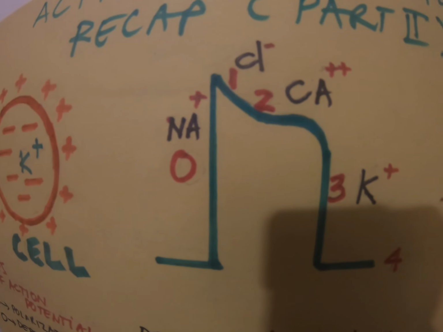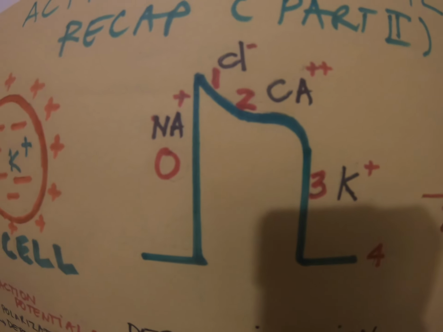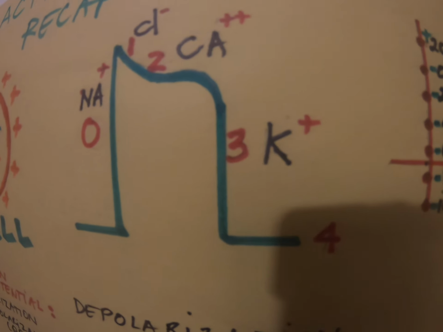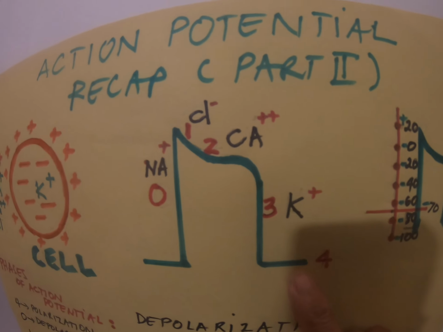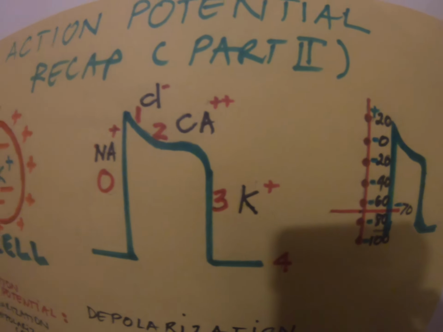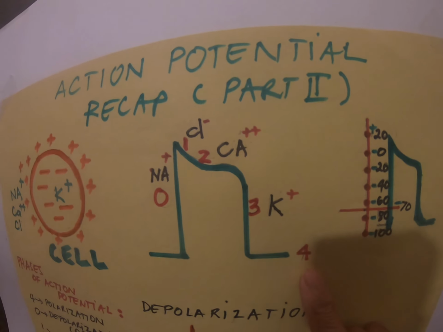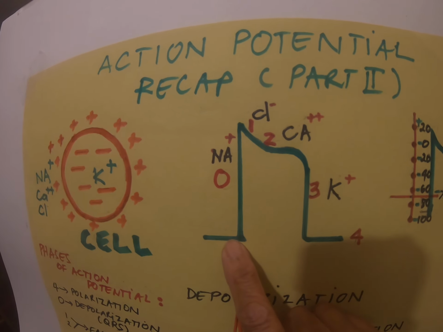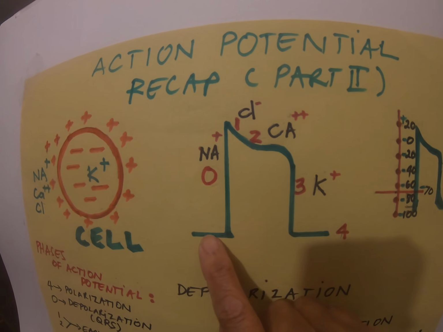So again, there are stages involved in the action potential. We start with number 4, because number 4 is actually the polarization. When you talk about polarization, you're talking about a cell that is ready to be stimulated. That's number 4. When you speak of the sodium, this is actually depolarization, and the sodium, which is positive, gets into the cell using a fast channel.